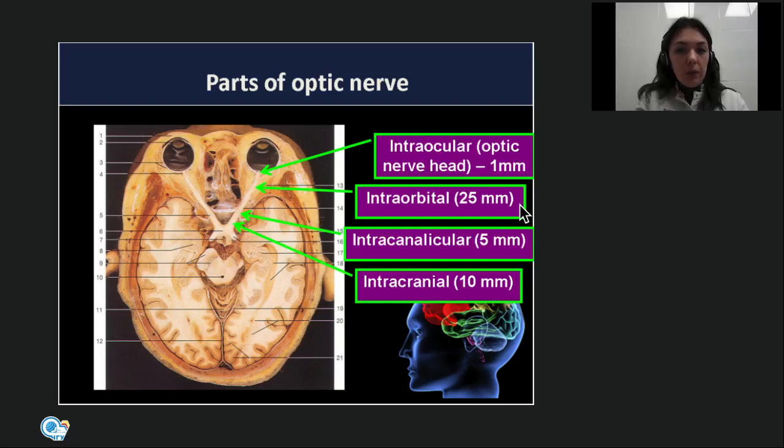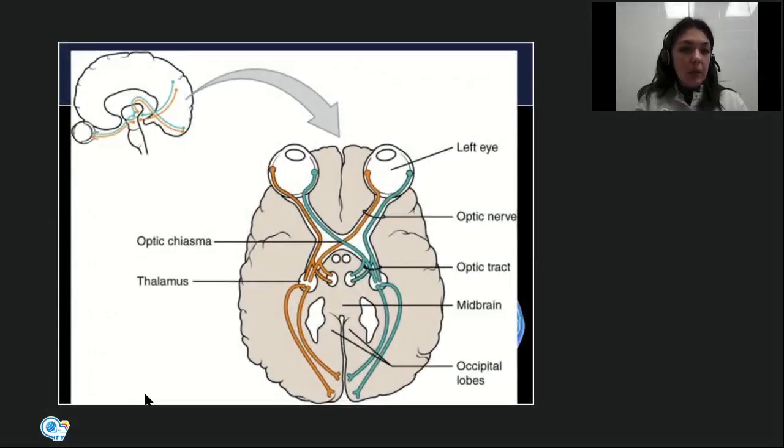The intracanalicular part inside the optic canal is about 5 millimeters. And the last one, after the exit from the optic canal up to the optic chiasm, is the intracranial part. It is about 10 millimeters. So those are the topographical parts of the optic nerve.